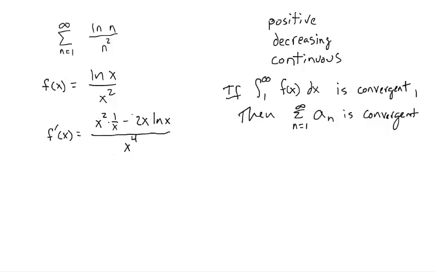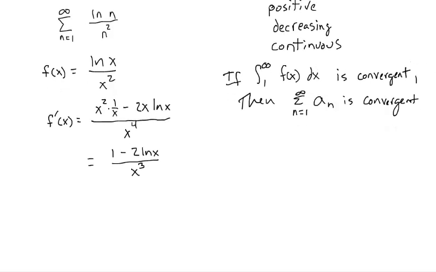And then when we simplify this, we have an x we can factor out because we have x squared divided by x. So this first term is x. If we factored an x out and canceled it, we'd be left with 1 minus 2 ln of x over x cubed. And now every value we put in is going to be a positive value, and we have a minus 2 ln of x, and x cubed is always positive. So that means that we're always decreasing.